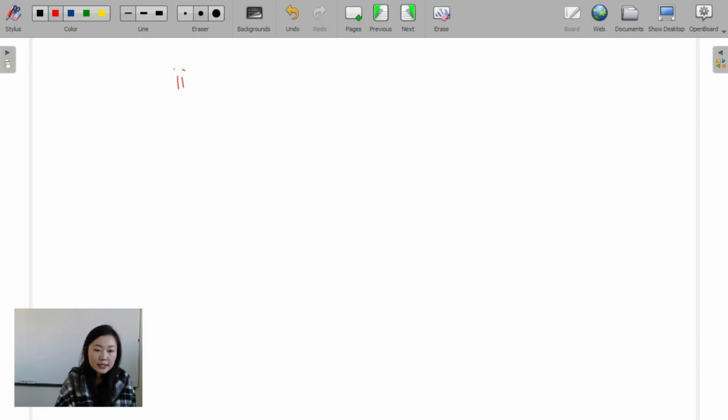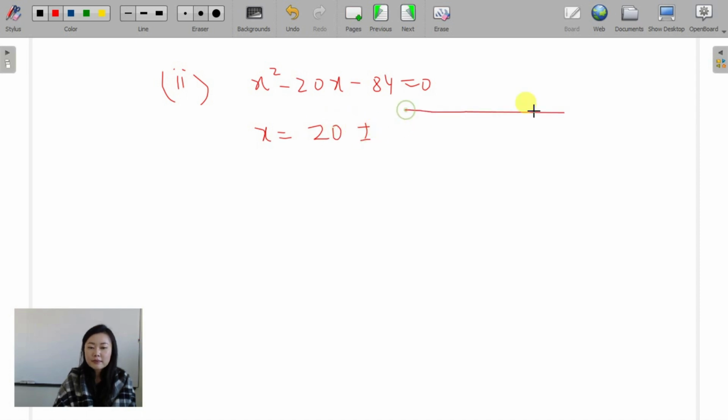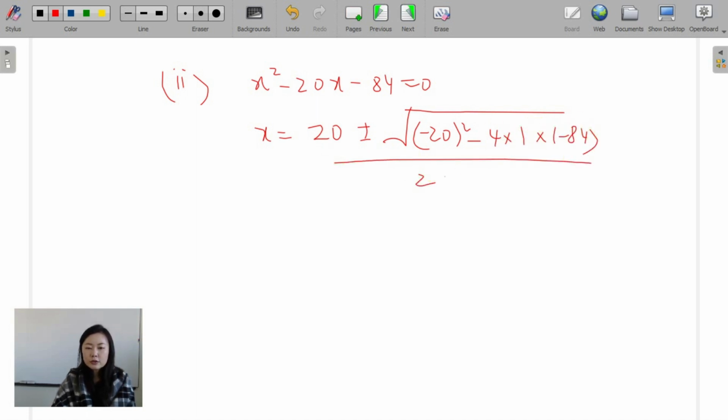The second part is just literally solving the quadratic. So let me rewrite the quadratic. You don't even need to factorize it, just chuck it into the quadratic formula, negative b plus or minus the square root of b squared minus 4ac, over 2a. Usually I put that into the calculator first, so that's 736.